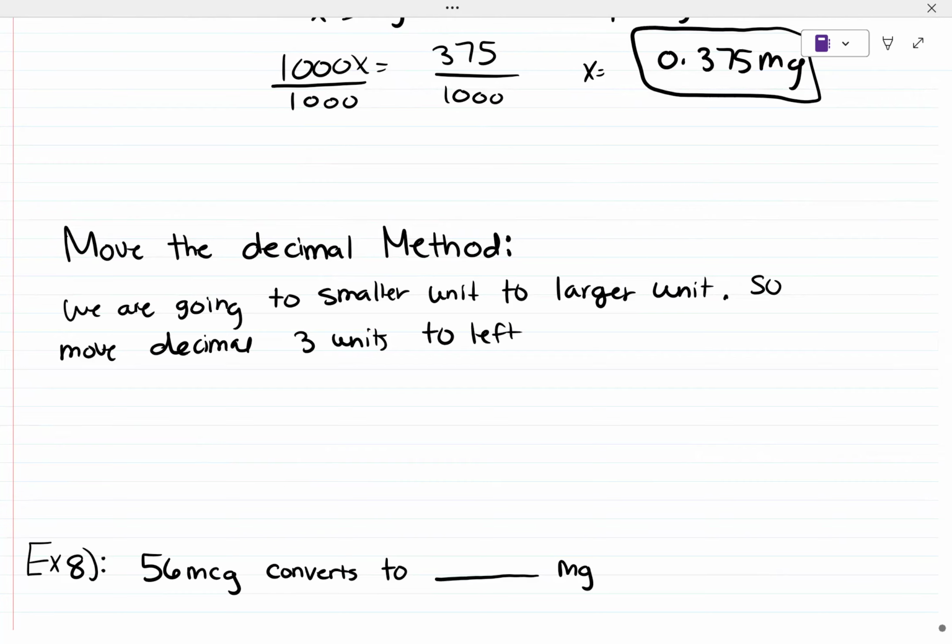What were we given? We were given exactly 375. Where's the decimal? Right here. We're going to move it three places to the left. So it's going to be one, two, three, and then you must include the leading zero. You've got to put this extra zero. Final answer is 0.375.